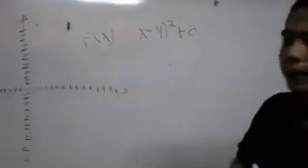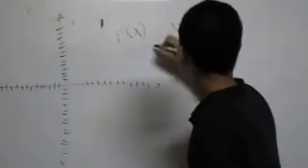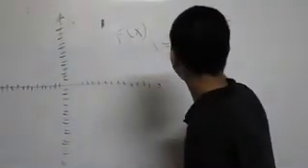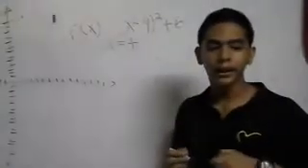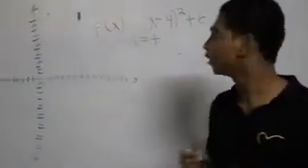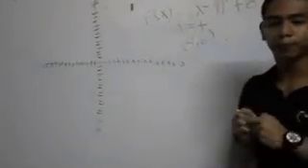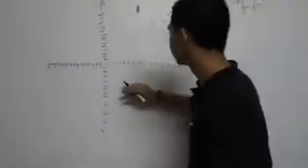The parabola opens upward since a is positive. Since h is equal to 4, and k is equal to 6, the vertex of h and k is 4 and 6.